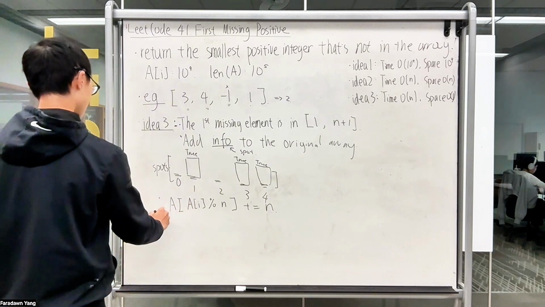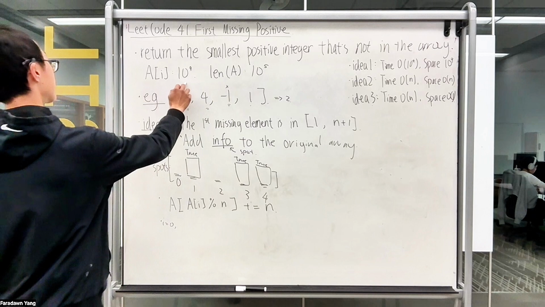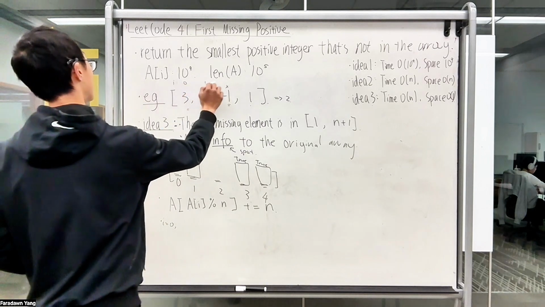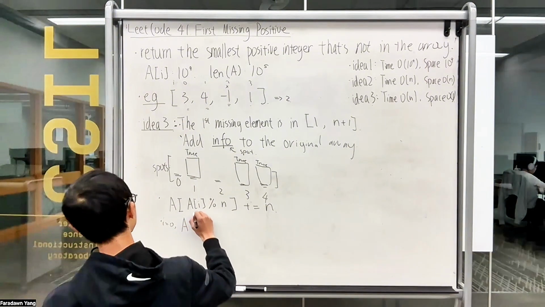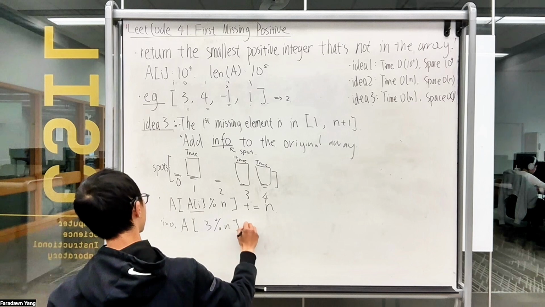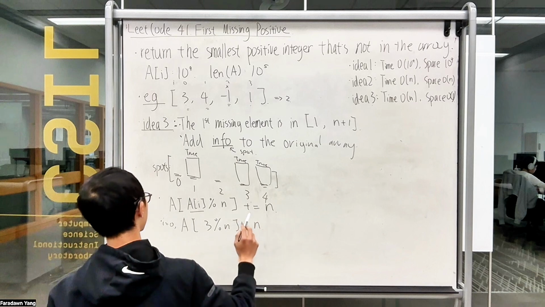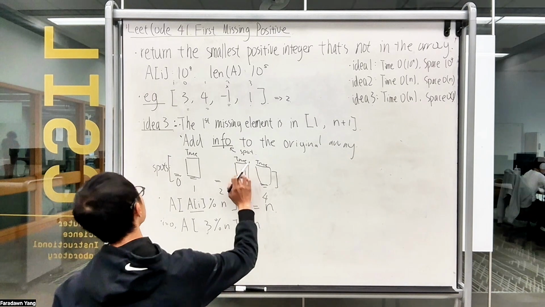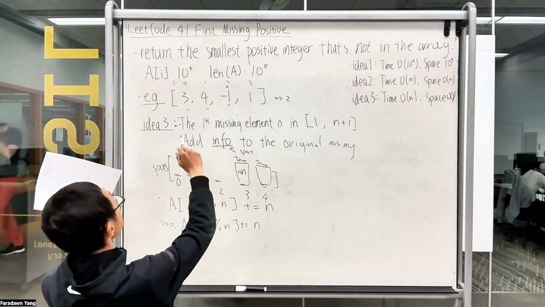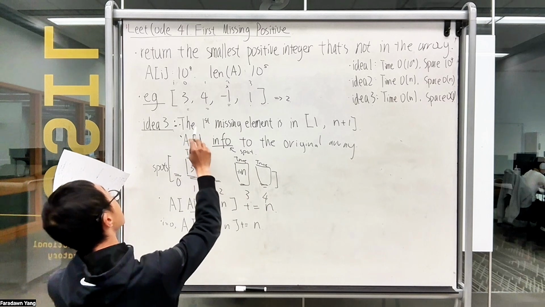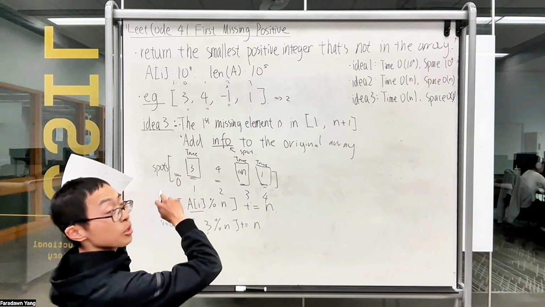Let's say i equals 0, the element is 3. Here is i: 0, 1, 2, 3. We will set A[3 mod n] to be increased by n. So what's 3 mod n? n is 5 here. We'll have the original element -1 plus n, right? Because the original array is, we just copy it down, 3, 4, -1, and 1. So this is the original array.